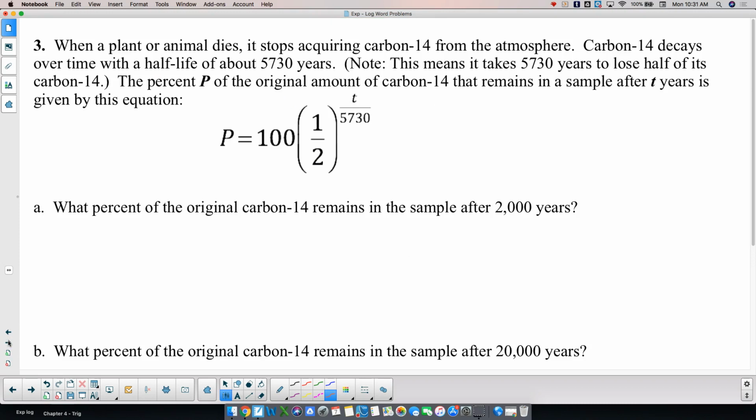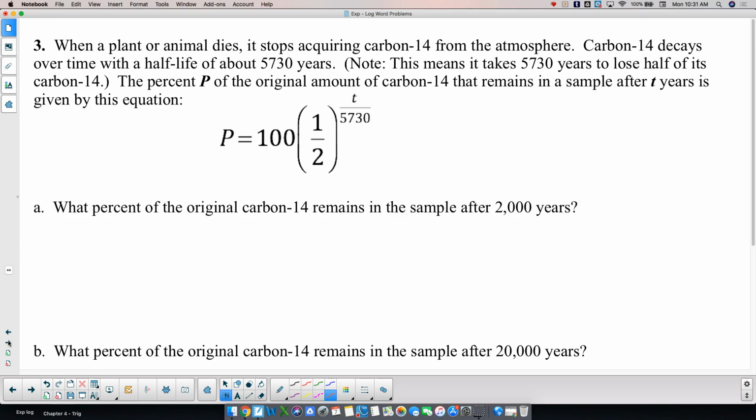Question number 3 says, when a plant or animal dies, it stops acquiring carbon-14 from the atmosphere. Carbon-14 decays over time with a half-life of about 5,730 years.